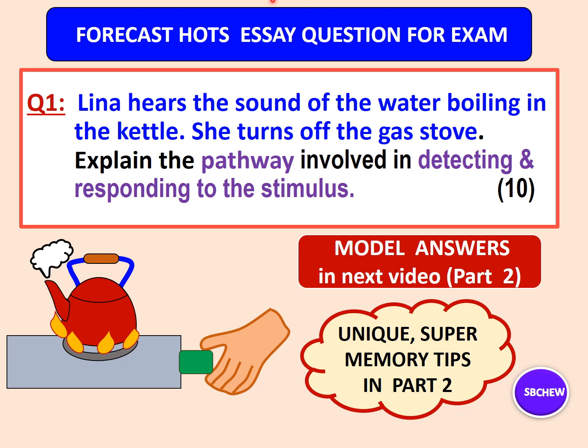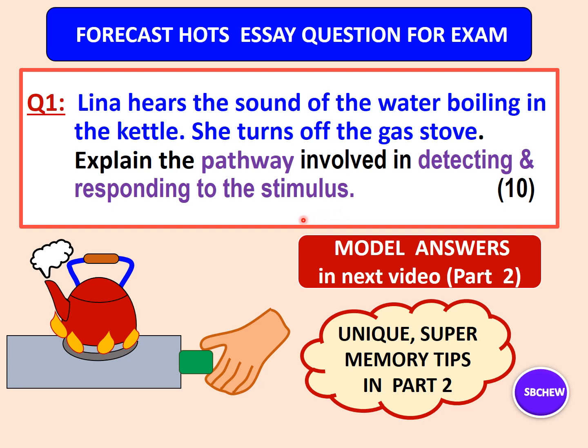So I will leave you to try this question first and you can use the format of the previous slide on the stimulus, receptors, and the integrating center, the brain and all that, to write an answer for it.